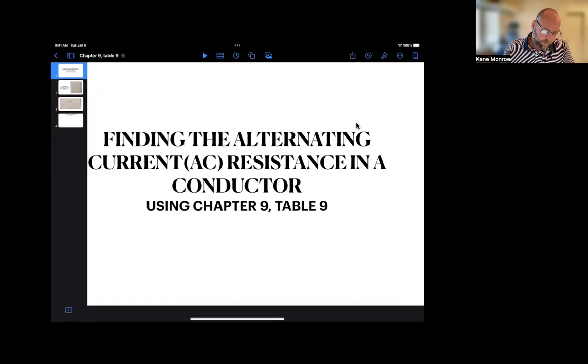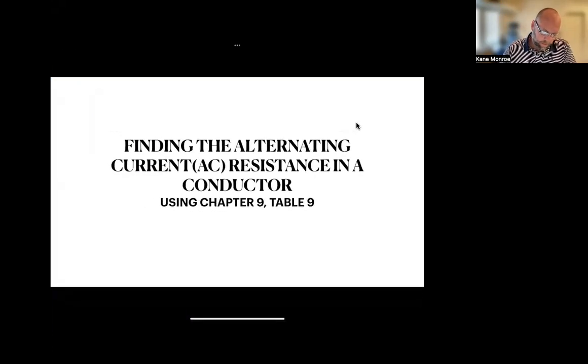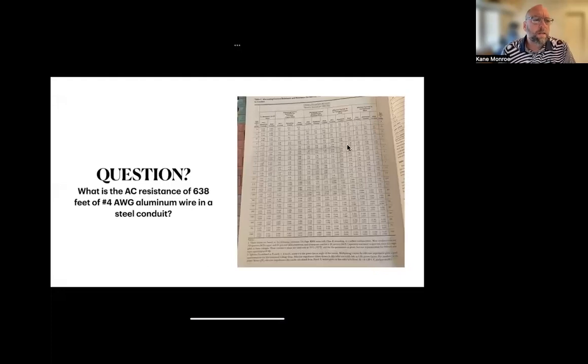So, finding alternating current, AC resistance, in a conductor using Chapter 9, Table 9. What we'll do is, you're going to see a question like, what is the AC resistance of 638 feet of number 4 AWG aluminum wire in a steel conduit? We start seeing those numbers. We see resistance. Sometimes people get resistance caught up with ampacity.